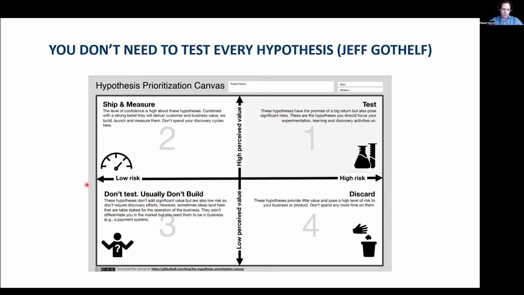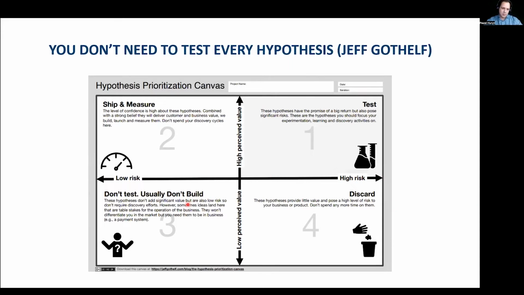So what you see on the picture is the hypothesis prioritization canvas. I will share the link to the original source where you can download it. And Jeff Gothelf divided hypotheses into 4 areas. In the horizontal line, we have low risk to high risk.